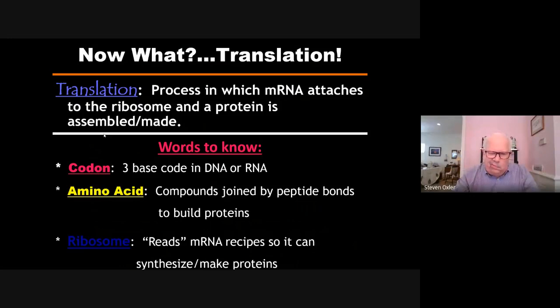The ribosome reads messenger RNA recipes so it can make proteins. Remember, the ribosome's function is to translate the code and make a protein.